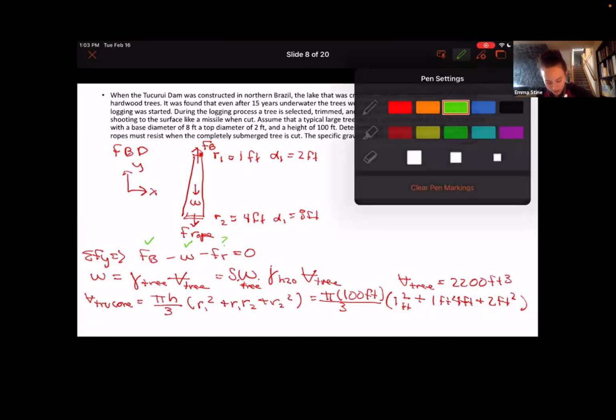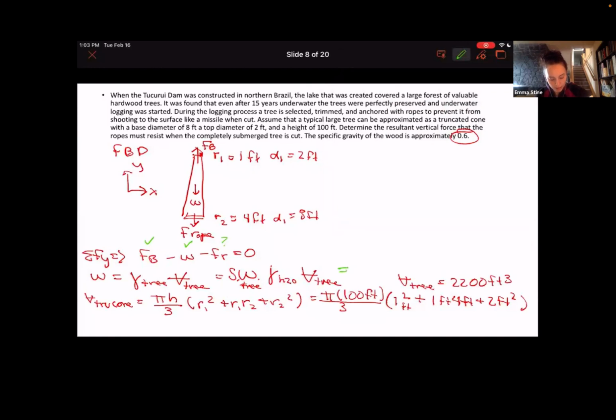So this is going to equal 0.6, the specific gravity of the tree, times 62.4 pounds per foot cubed, the specific weight of water, times the volume of the tree, 2,200 feet cubed.